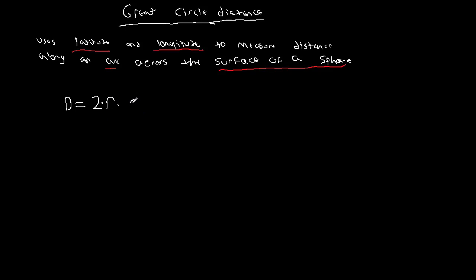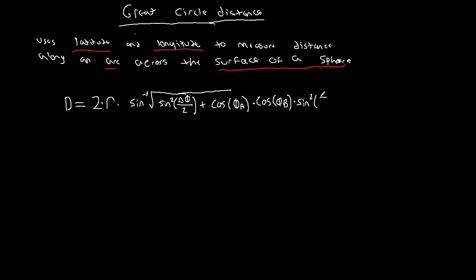And then we have inverse sine, so that's sine with a -1, of the square root of sine squared delta phi over 2 plus the cosine of phi a times the cosine of phi b times sine squared delta lambda over 2.